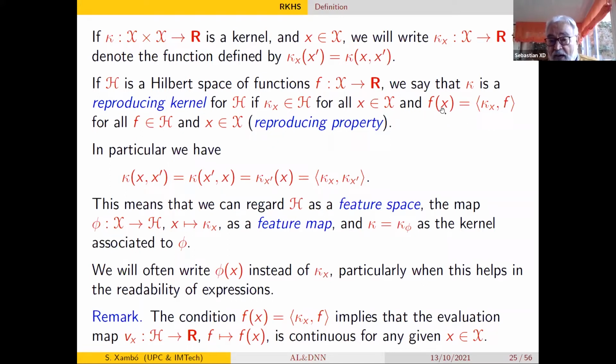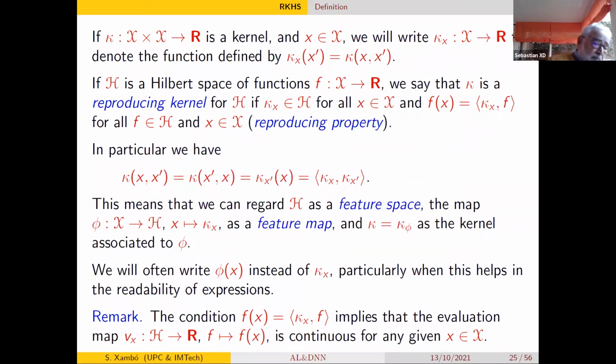The value of f at x is expressed by this inner product of kappa x with f. This should occur for all f in curly H and for all x in X. This is the reproducing property to which the reproducing kernel name of those spaces alludes.